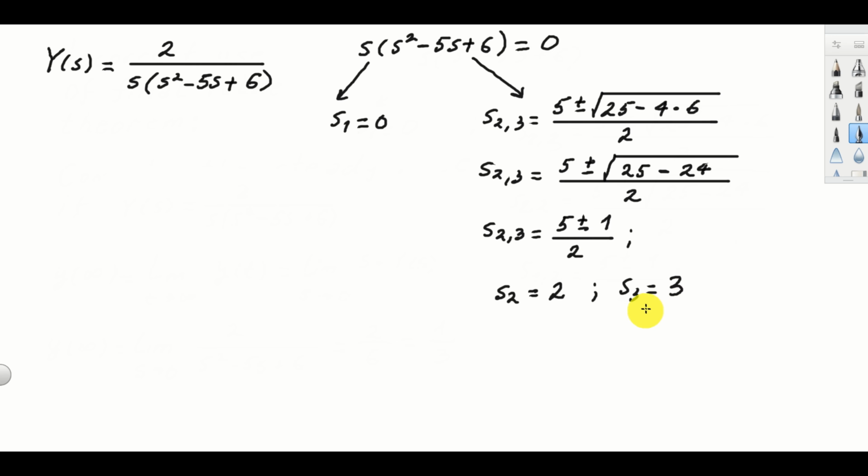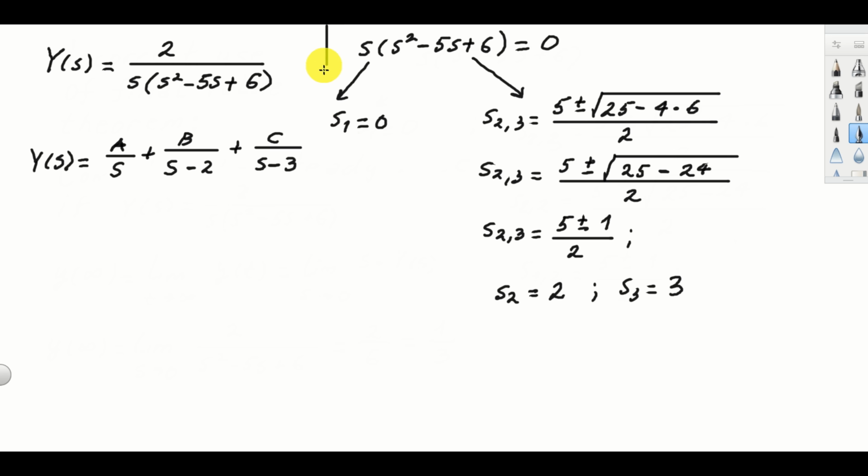Okay, now that we know the poles, we can use the partial fraction expansion. Y of s becomes A over s, plus B over s minus 2, plus C over s minus 3.